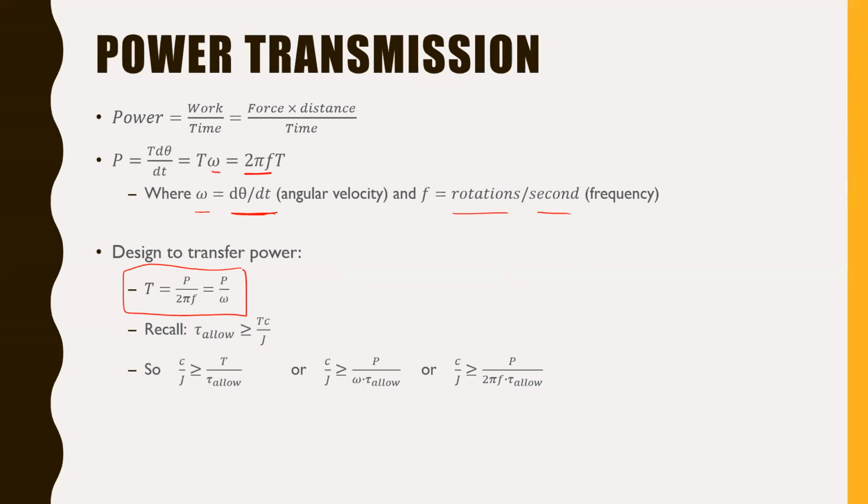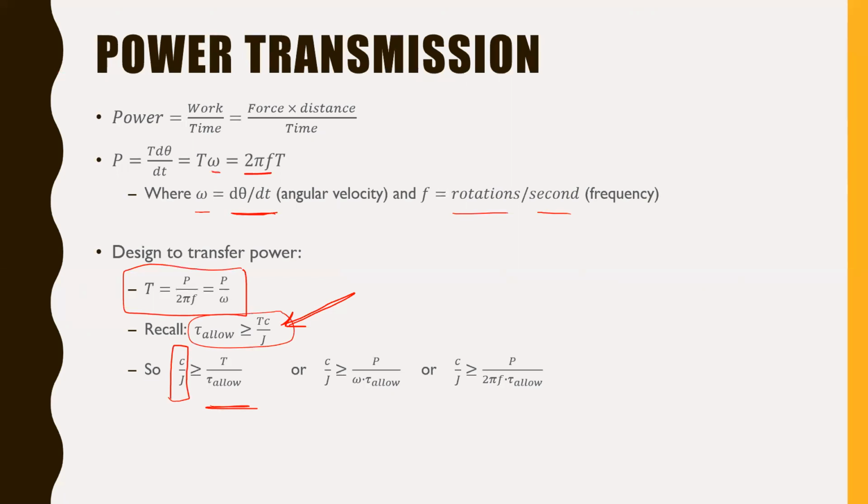We previously talked about how the allowable shear stress in a member is the torque times the radius divided by J. So we cannot exceed this value of shear stress in our member, otherwise we're going to fail our member. So what that means is that this ratio of C over J, coming from this equation here, has to be greater than or equal to the torque over our allowable shear stress.